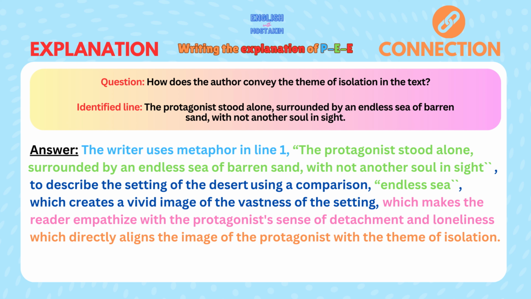And with that, this is one single point that we have identified and written down the answer for using the point evidence explanation format. We have to write down approximately 9 to 10 more points like this after we are done writing the introduction, in order to get good marks.